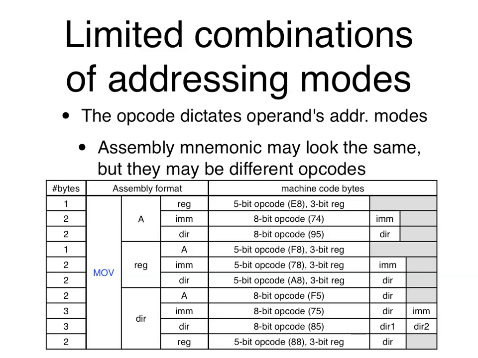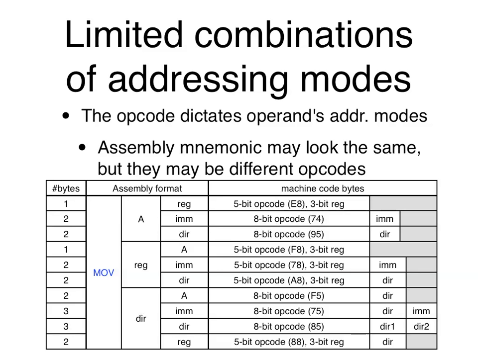Now, there are limited combinations of these addressing modes. You may have seen this a few times already, but I just wanted to show you some combinations. Like the MOV, you can have A as the destination, and then it can move from a register, also at a register, that would be indirect, immediate, or direct, for the register as a destination, or a direct address as a destination.